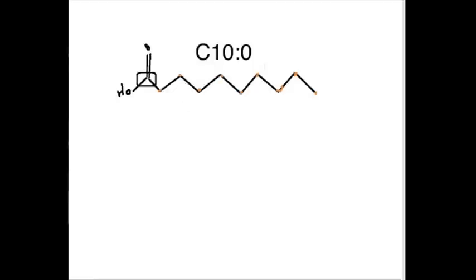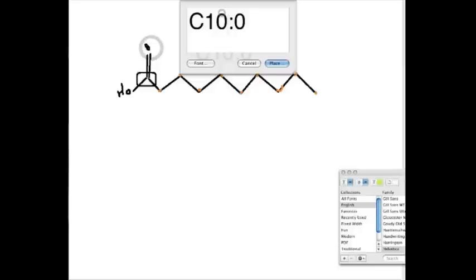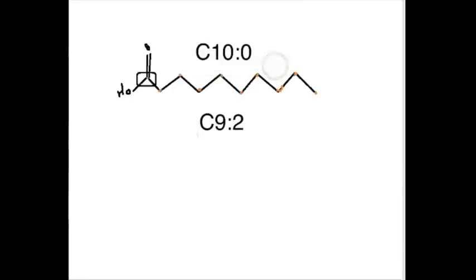The problem with this nomenclature is, say I said to you, draw C9 colon 2. If I tell you to draw that, there are 2 double bonds, but you don't know where they are. So they came up with delta nomenclature, which is a variation of this.